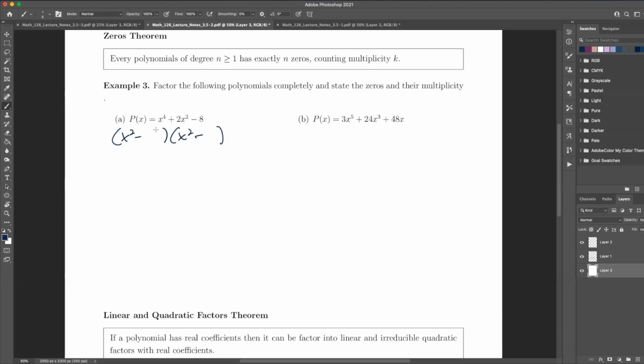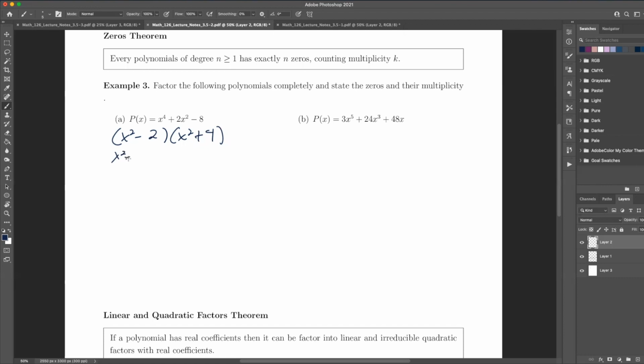If I do this, I'll get minus 2 and positive 4. Because if I multiply out, I'll get x to the 4th, minus 2x squared plus 4x squared, which gives me 2x squared, and then negative 8.